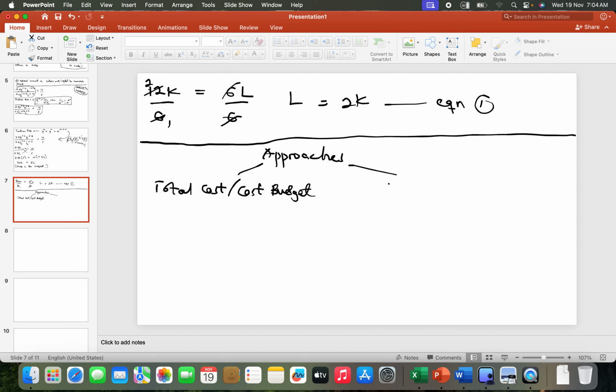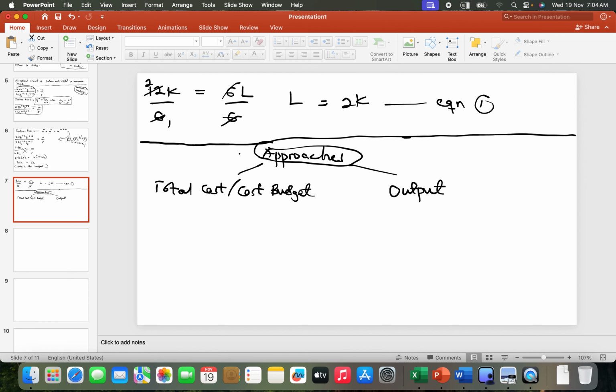Then we have the output as well. You have the output. So always you have to solve up to equation 1, but before you continue, it depends on the approach.